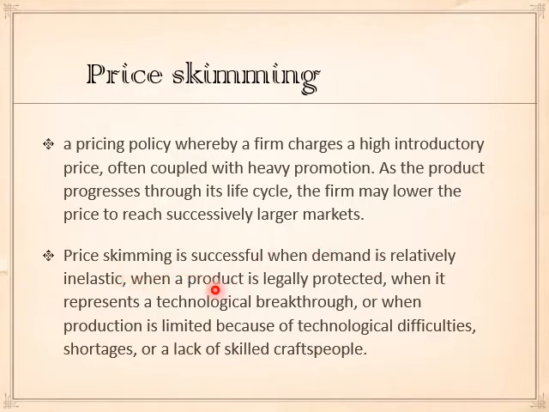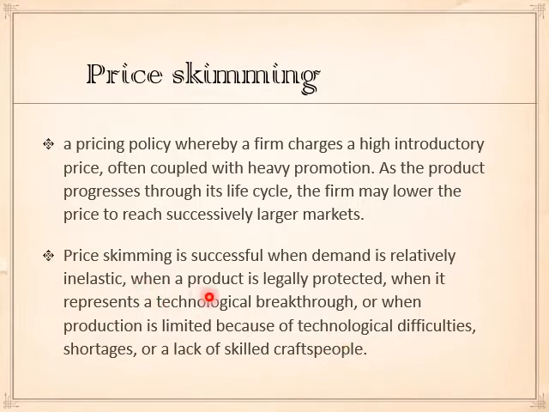Another situation where price skimming will be successful is when the product is legally protected, when it represents a technological breakthrough, or when the production is limited because of technological difficulties, shortages, or even a lack of skilled craftspeople.